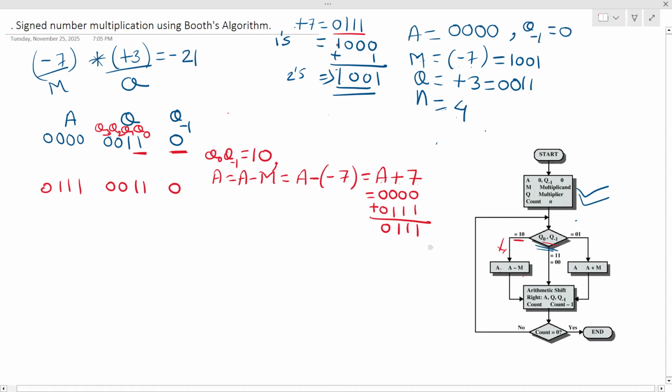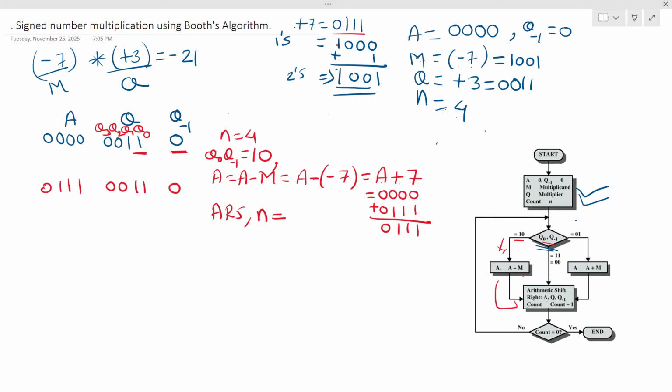Now, after this step, I need to perform an arithmetic right shift of A, Q and Q minus 1, and my count will be reduced. Initially my count is 4. I perform the arithmetic right shift and reduce my count by 1, so it will be 3.